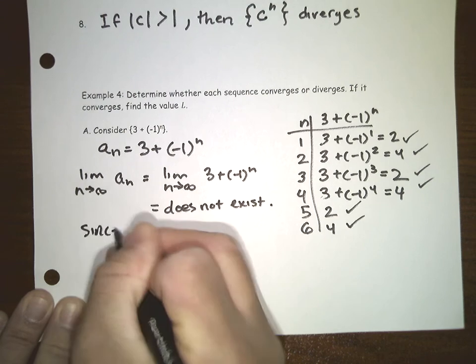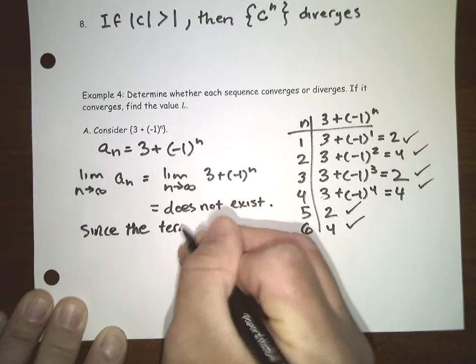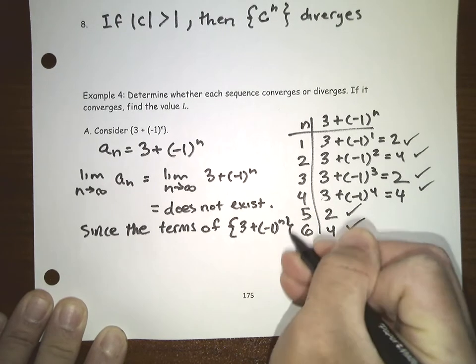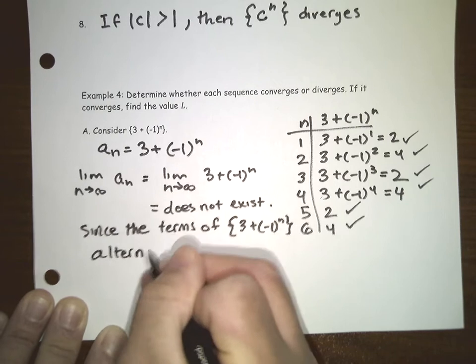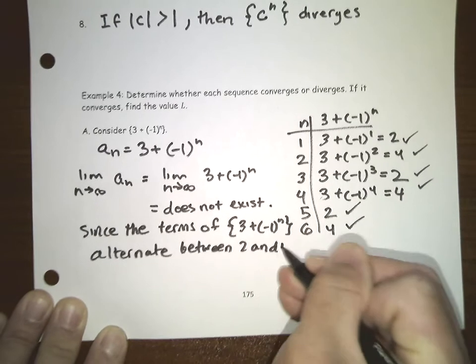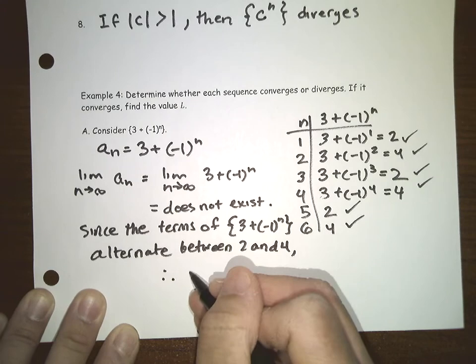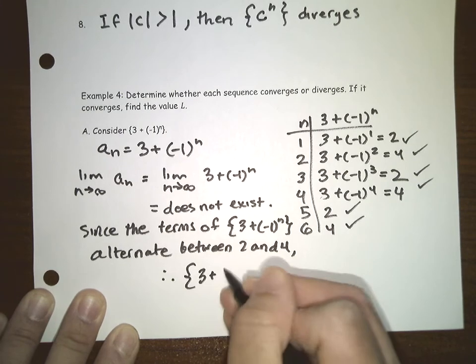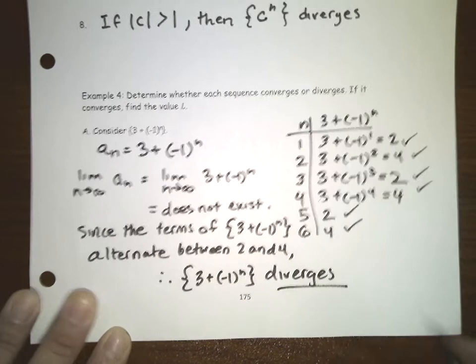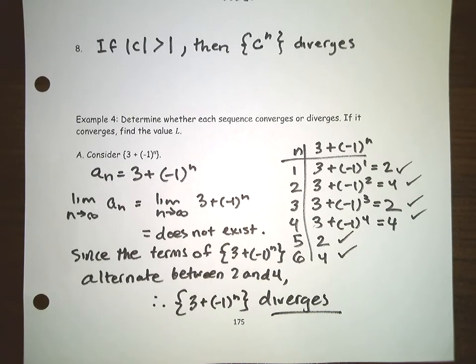So in other words, since the terms of a_n, 3 plus negative 1 to the n power, alternate between the 2 and the 4, therefore the sequence 3 plus negative 1 to the n diverges. All right, so I don't want to see them alternate. I want them to converge to a finite limit L.